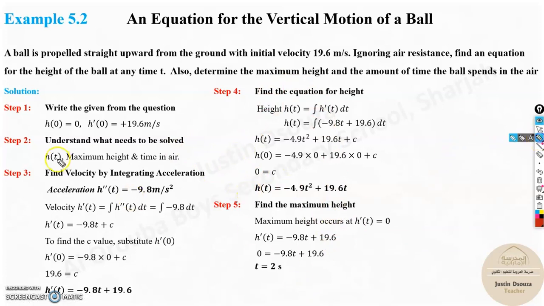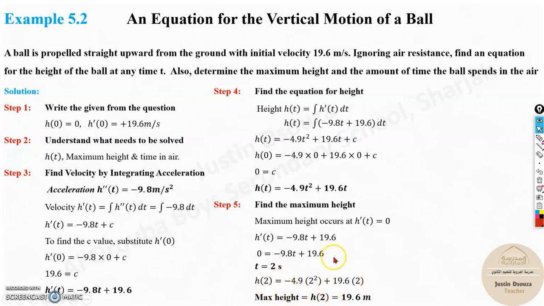Okay, but is this the answer? We don't have the maximum height, we have the time at which the maximum height occurs. So now what you have to do is substitute in the height equation t as 2 everywhere, and that is your maximum height. H of 2 will be minus 4.9 times 2 square plus 19.6 times 2. This is the answer for the maximum height.